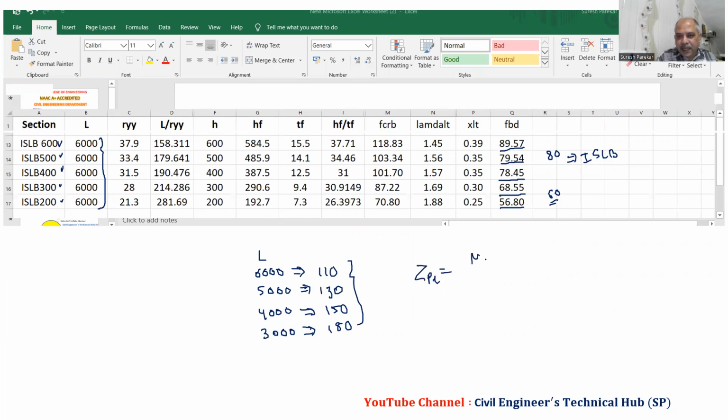How will we find Zp required? Mu upon FBD, which is assumed. In other problems we considered 1.25, and that becomes a little critical, so instead you can go for this, and for this FBD you have to use these values. If you are considering ISLB, you can have little lower values. These values you can consider for ISMB.